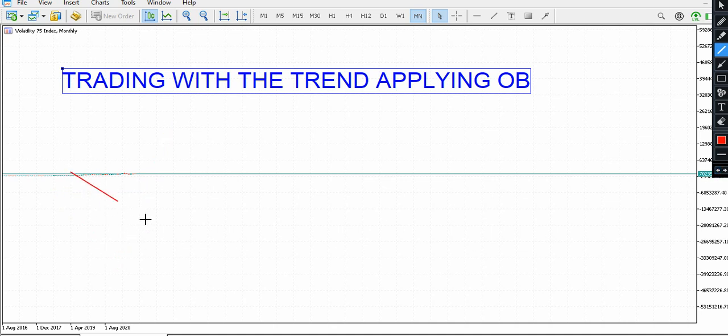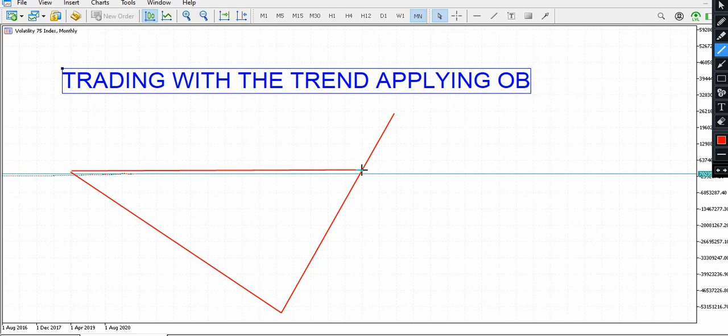We have this, and then with a break of market structure on a monthly time frame, on H1 or M15, you are likely to see something like this.